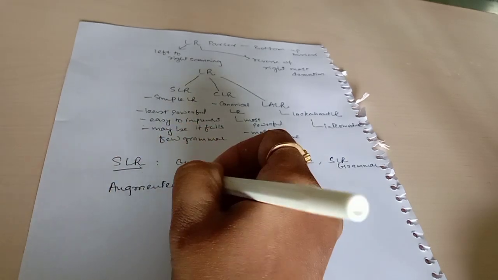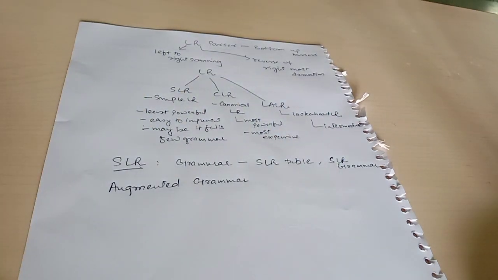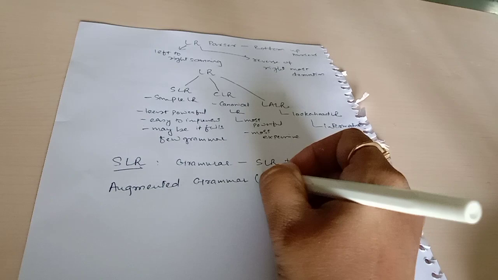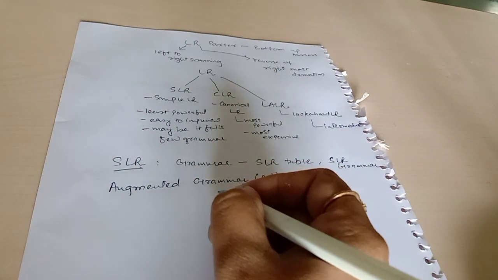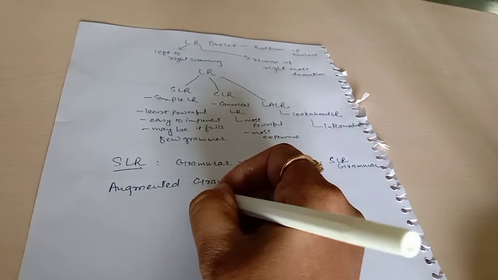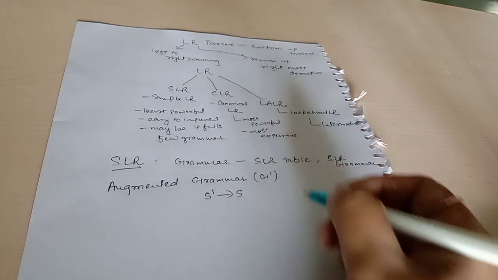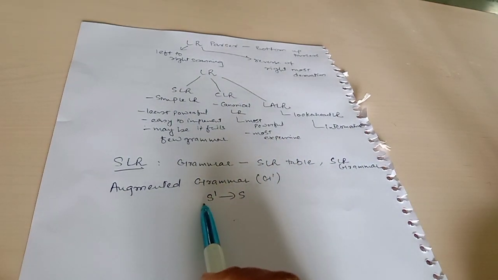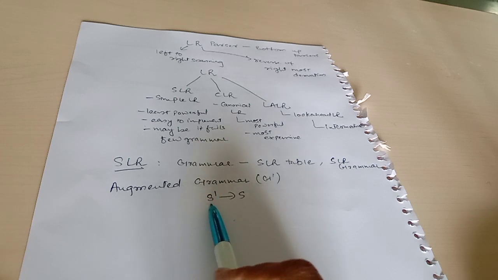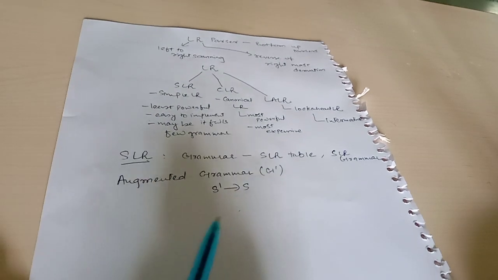If grammar G is given, we can call this augmented grammar G dash. The augmented grammar is one in which a new non-terminal S dash is introduced with the production S dash to S. For example, if S is the starting symbol, then we introduce a new non-terminal S dash and a new production S dash to S to make the grammar augmented. That we'll see with the example.